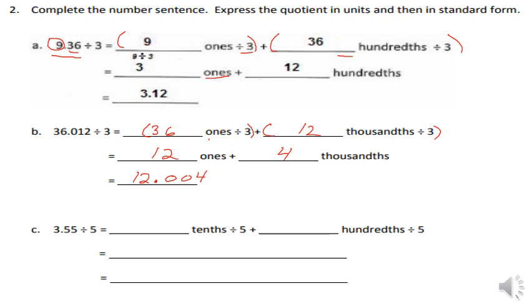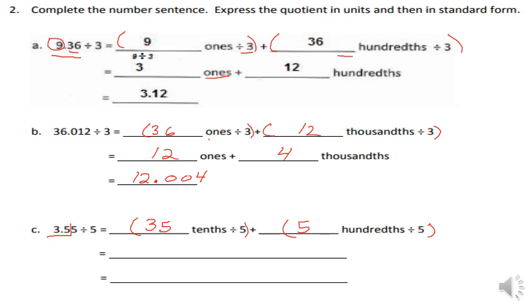On C, we have 3 and 55 hundredths divided by 5, and they're looking at tenths. So if we're going to write it in tenths, we're reading the number to the tenths position. That gives us 35 tenths divided by 5, and that leaves us 5 hundredths divided by 5.